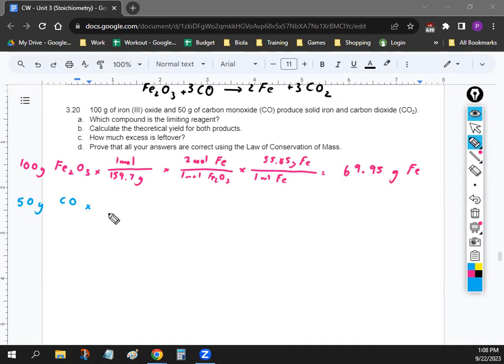All right. So for the next one, we're gonna do it with CO this time. CO has a molar mass of 28 per mole. If you look at the mole ratio, it's 3 moles of CO for every 2 moles of iron. And then we're going to end it off with the molar mass of iron, which is the same thing, 55.85.